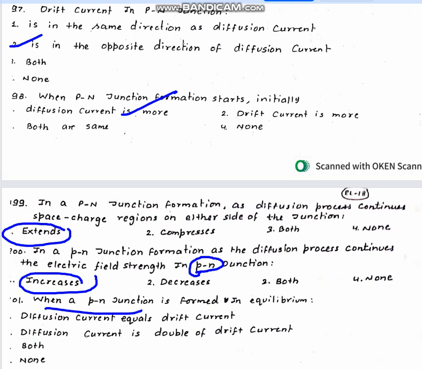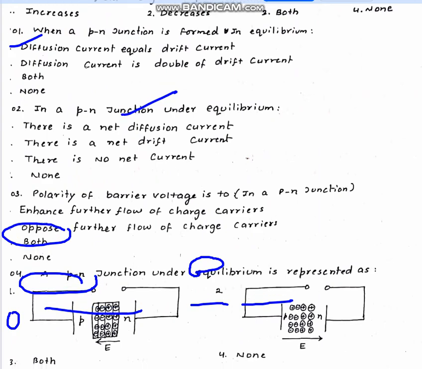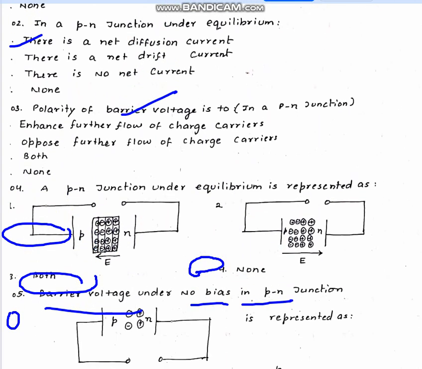In equilibrium, both are equal. So first is correct over here. Next, under equilibrium, there is no net current. That is correct.